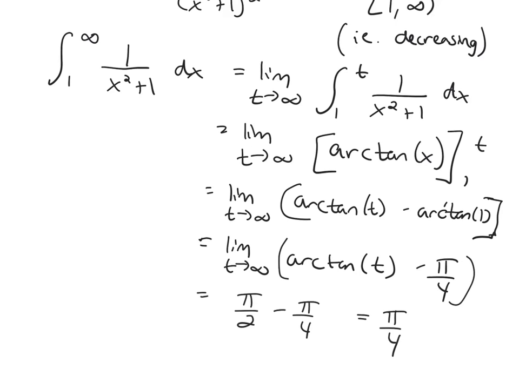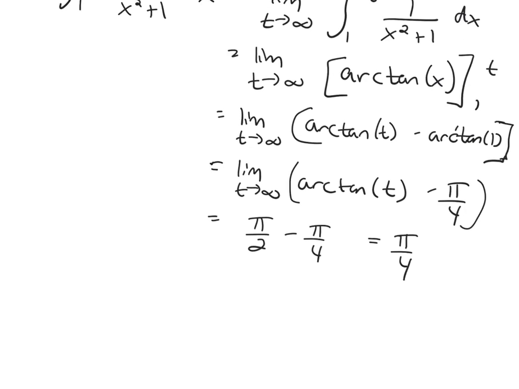So my improper integral converges. What does that mean for my series? Does it converge or diverge? Converges. Okay, whatever happens to your improper integral, the same thing applies to your series.